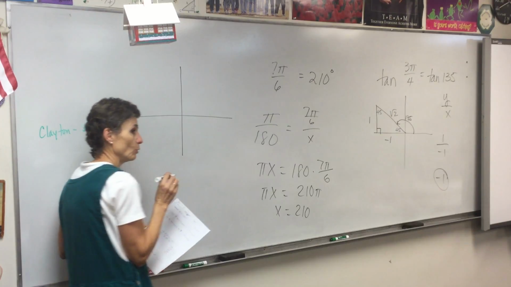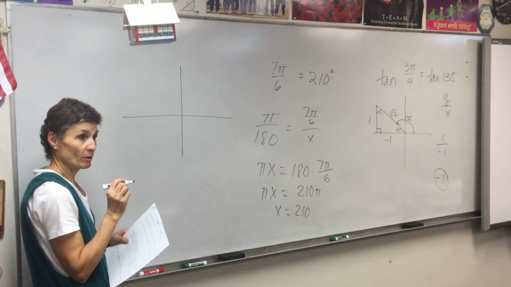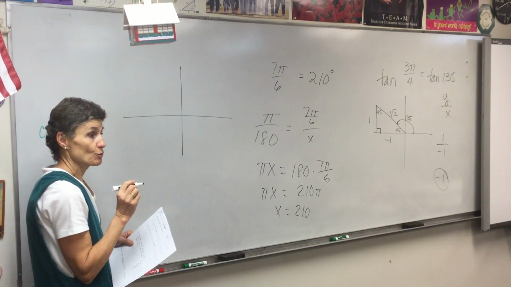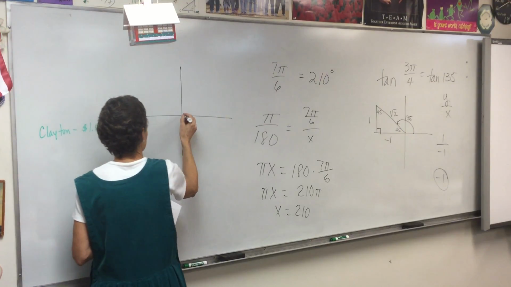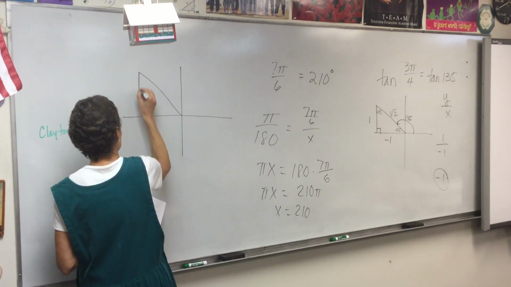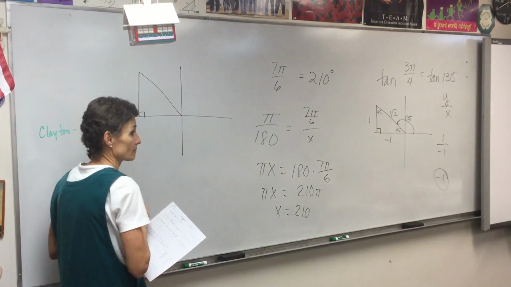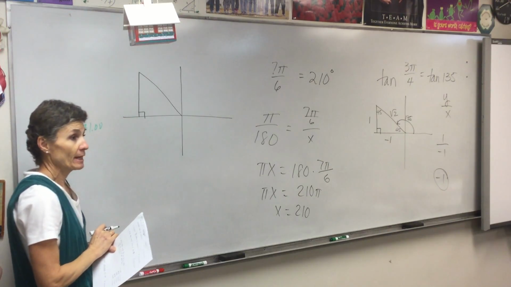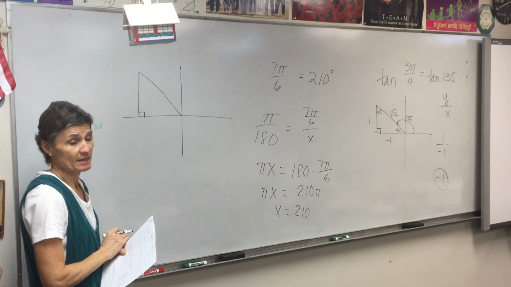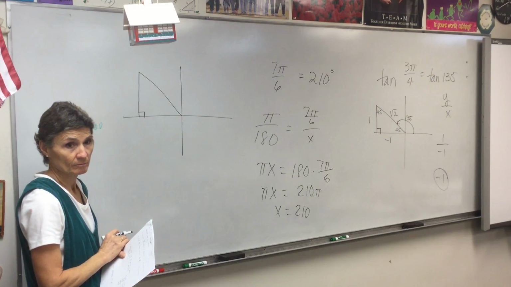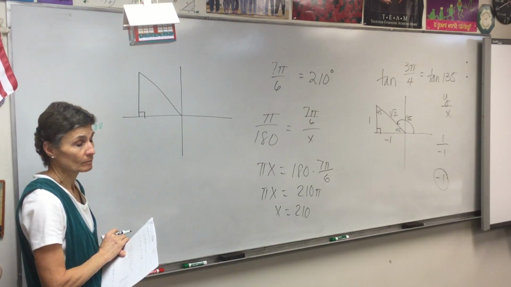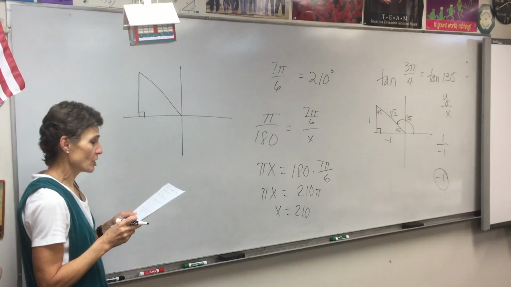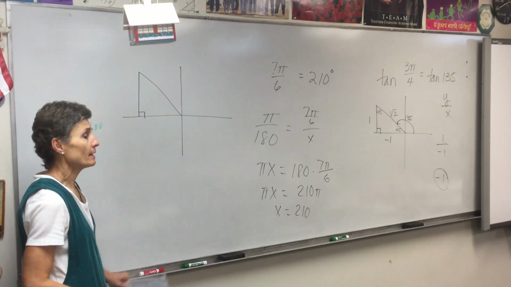Remember when I told you that every triangle you draw is going to be part of the butterfly bow tie? Draw the part that's in quadrant 2. Won't it look like this? I'm drawing it in quadrant 2 because that's what the problem says. Now, it says the cosine is negative 3/5.